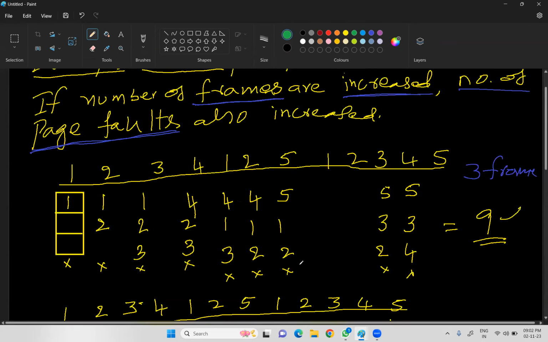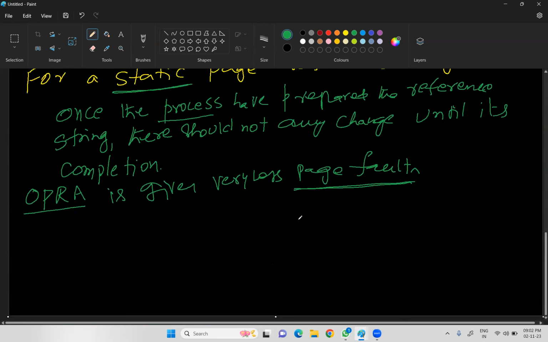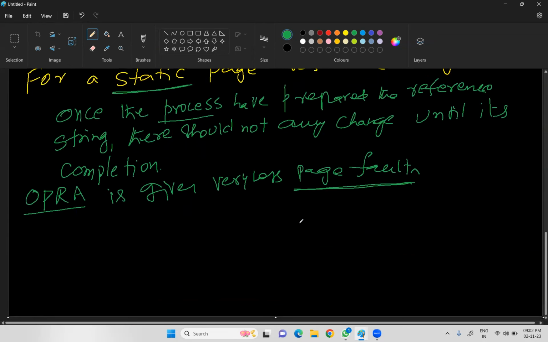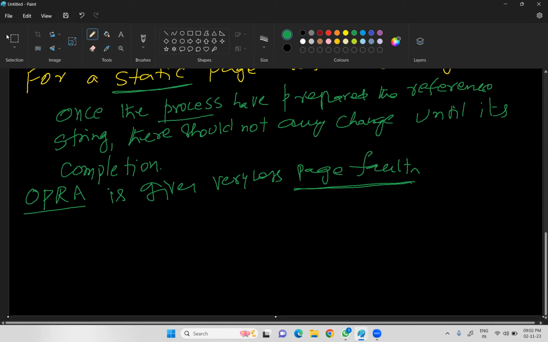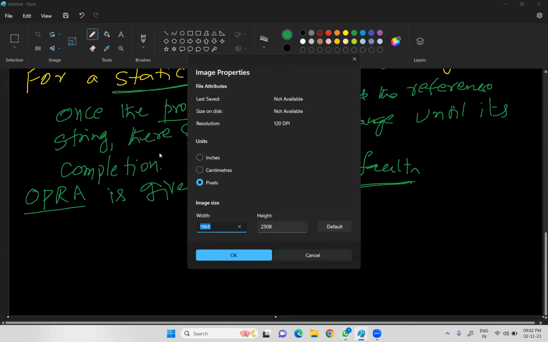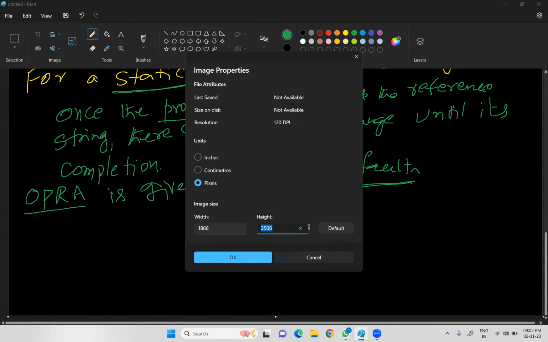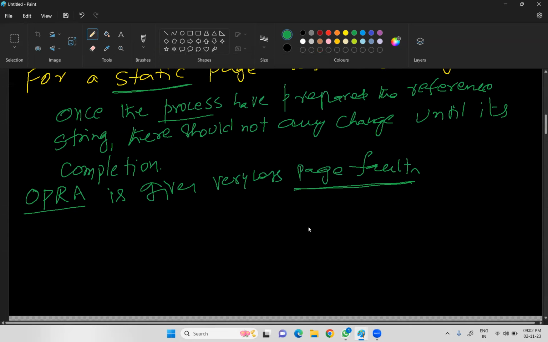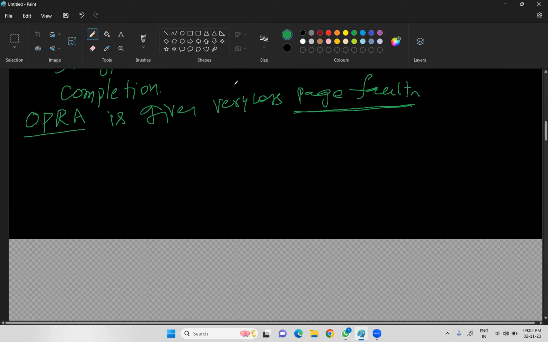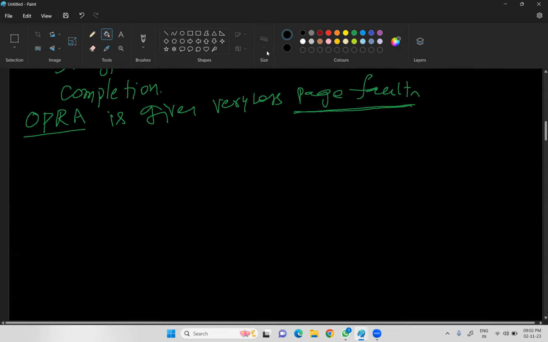What is that particular statement which I'd like to quote here is, so those are the two problems with FIFO. To satisfy this, the optimal page replacement algorithm can be done something like this.